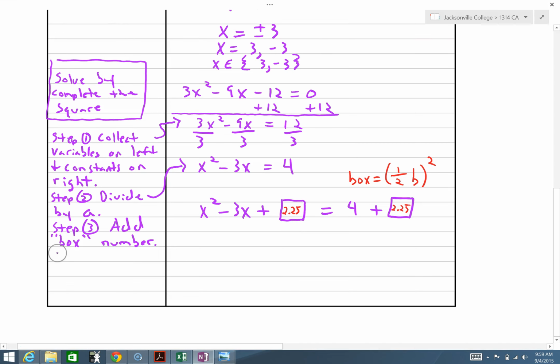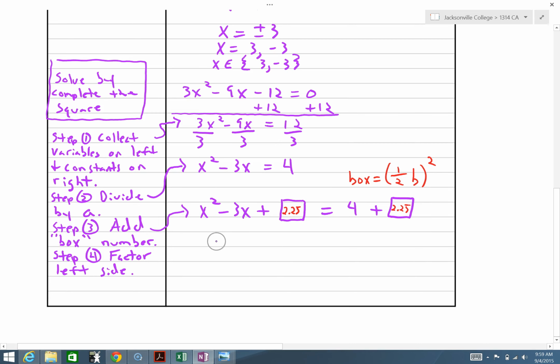Step 4. Factor left side. And what's going to be very easy about factoring this left side, because of this box number, is that this left side is always going to factor as a perfect square trinomial.